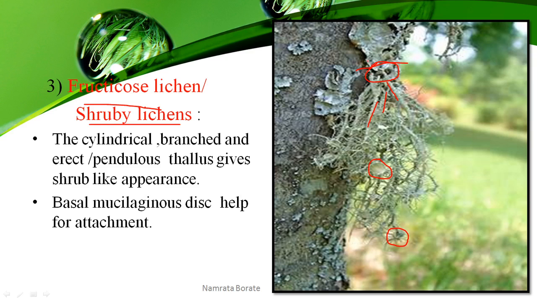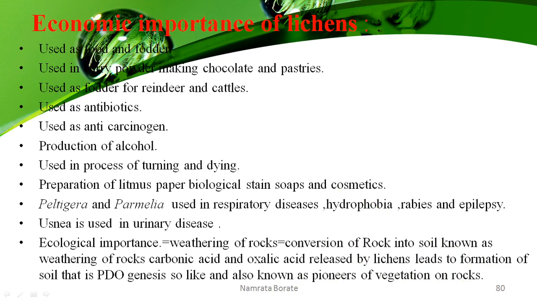The next topic is the economic importance of lichen. The first is that lichen is used as food and fodder. It is used in curry powder and for making chocolates and pastries. It is used as fodder for reindeer and cattle. It is used as an antibiotic as well as an anti-carcinogenic agent. Lichen is used in the production of alcohol.